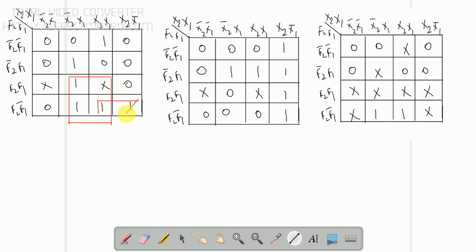This is taken as one pair, and this one is left, so this is taken as another pair, and this one is left here, so that is taken as another pair in top and bottom corner. Okay, now here in this tabulation, this is taken as one pair and this is taken as a quad.